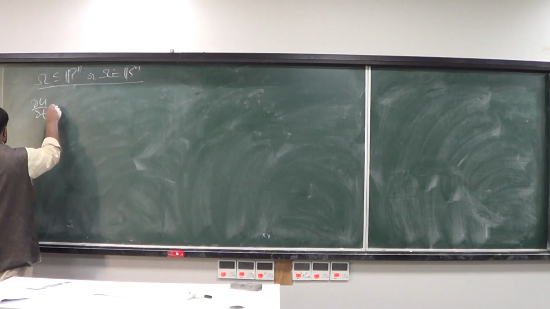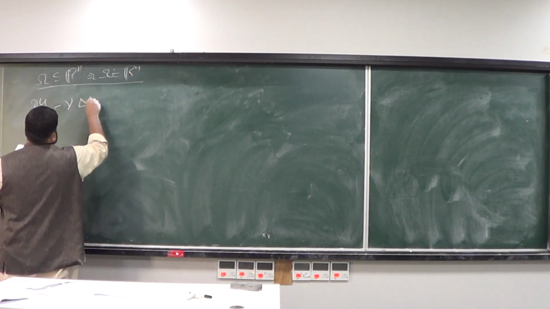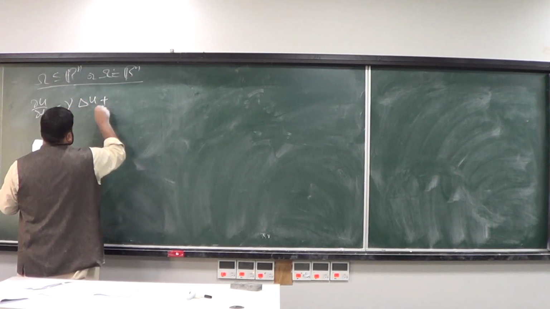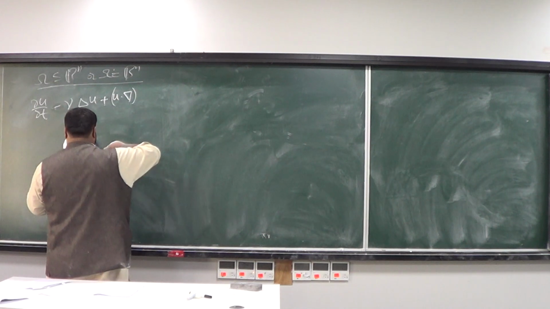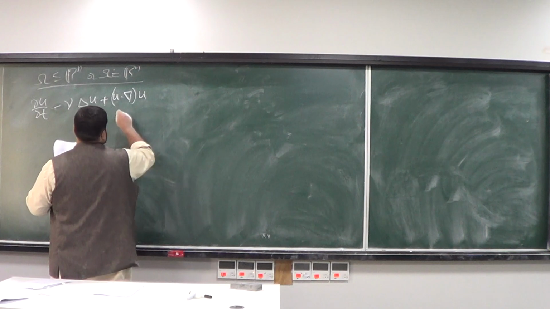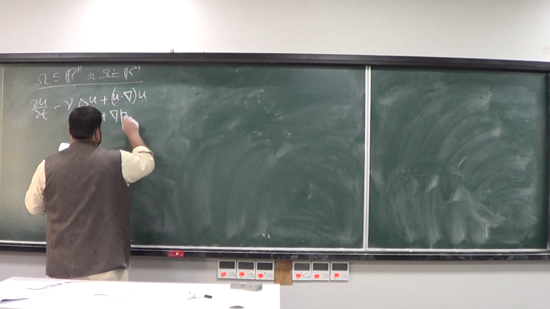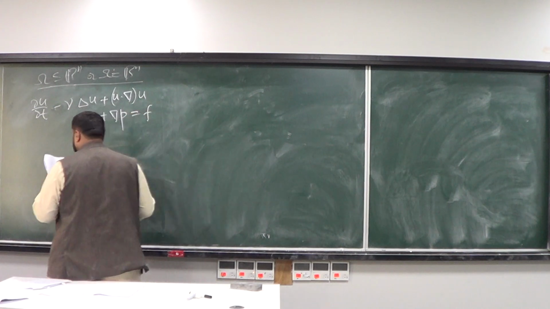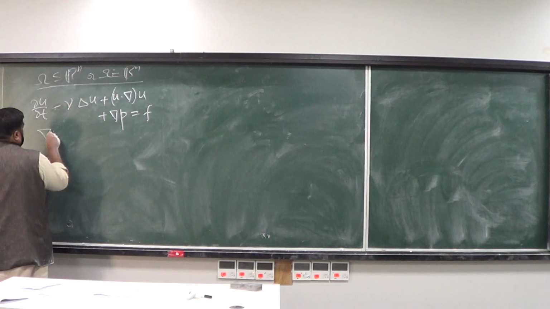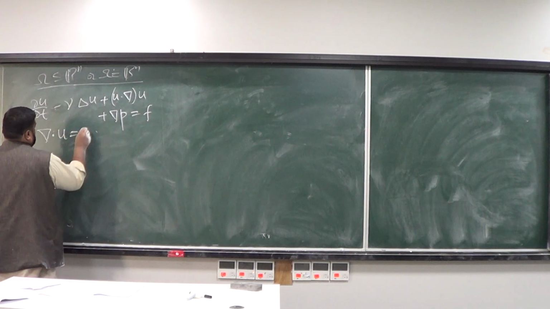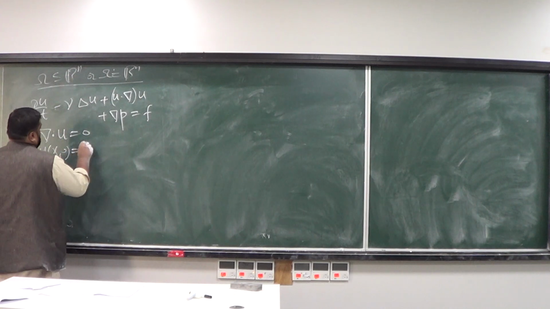Partial u by partial t minus nu Laplace u plus u dot del operated onto u plus the gradient of p equal to f, and the divergence of u is 0, and u at x, 0 is u naught of x.